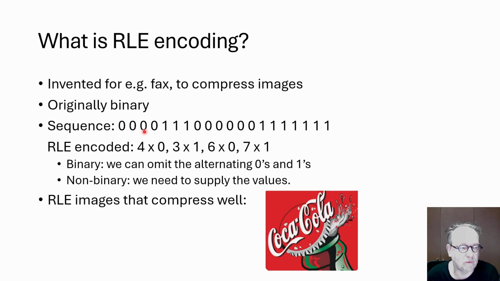But as soon as you are sending gray level pictures, or color, then of course that's no longer a 0 or 1 value, and then we need to supply the values as well.